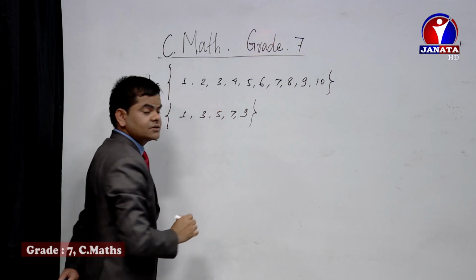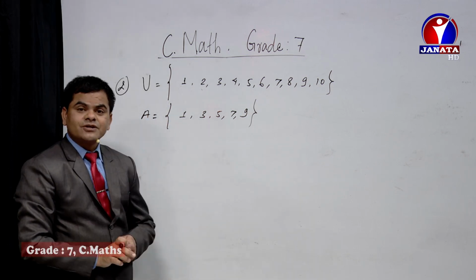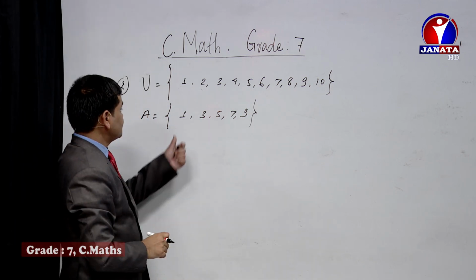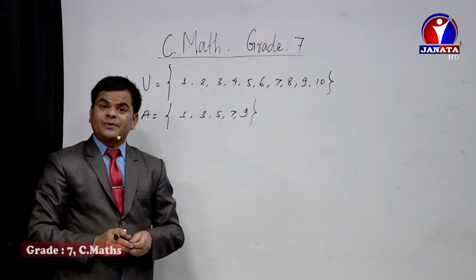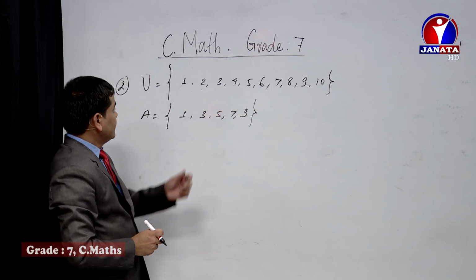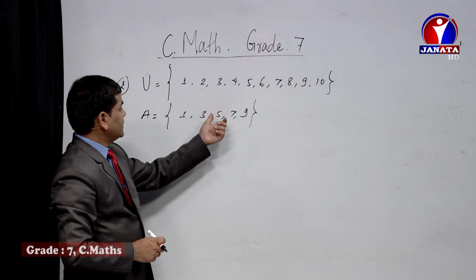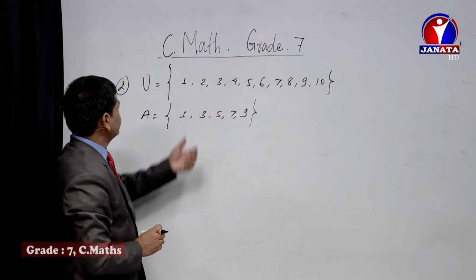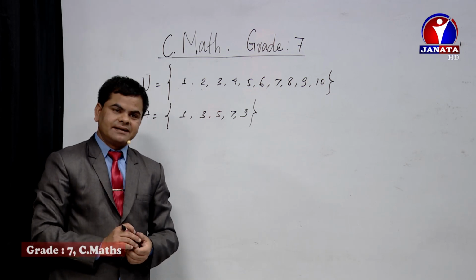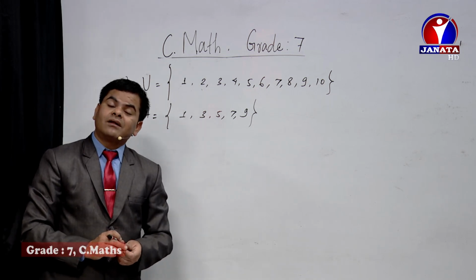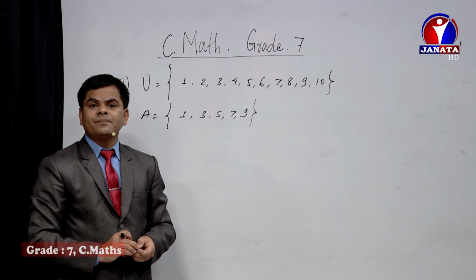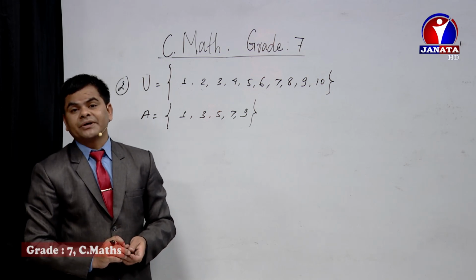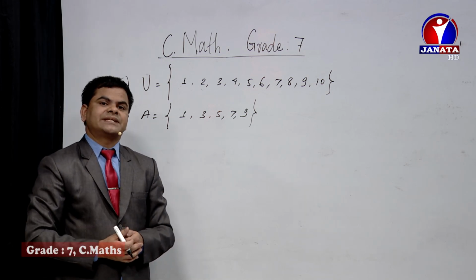It should not cross the limit of the universal set. While preparing a subset of the universal set, we must be careful that the elements of the subset won't exceed the limit of the universal set, because the universal set always contains the maximum number of elements in comparison to its subsets.